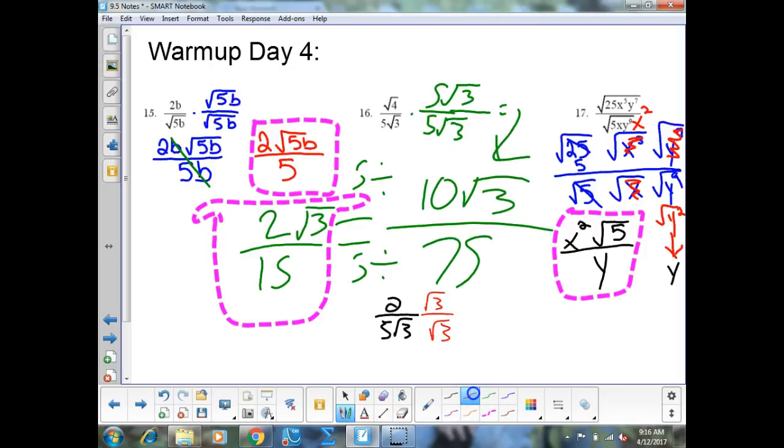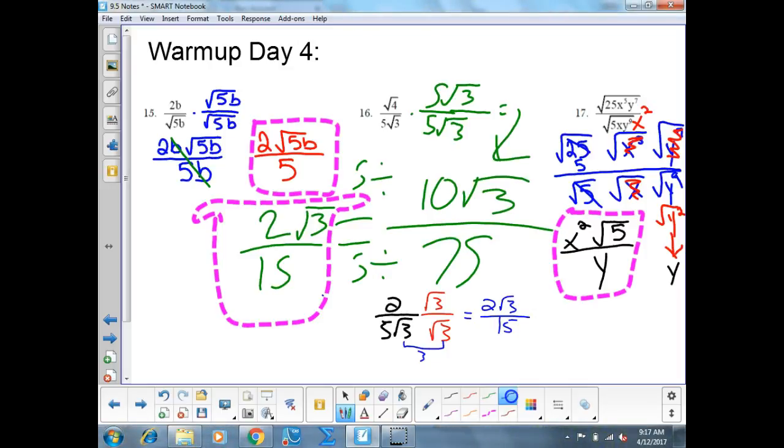On top, that gives me 2 square roots of 3. On the bottom, these two make a 3, and I get 15 right away. You don't have to multiply by the entire denominator. You only have to get rid of the radical, so only multiply by the radical. One option, but you still get the same thing.